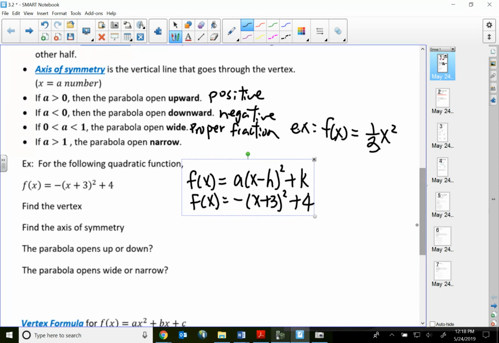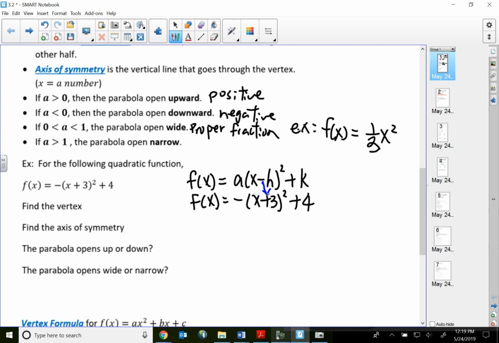Okay, so what is the vertex? Well, let's see if we can match it up. If I match everything up from the formula to my function, a is going to be -1. The formula has a subtraction sign, but this is actually a plus sign here.